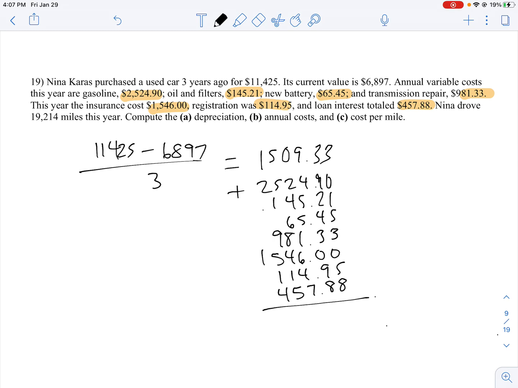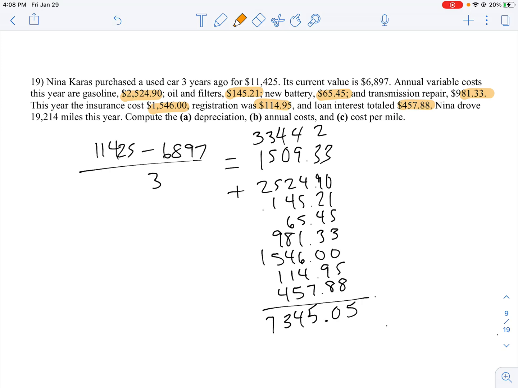Now, I can actually add this faster than I can type it in, so I'm just going to add. So that's our total annual cost.